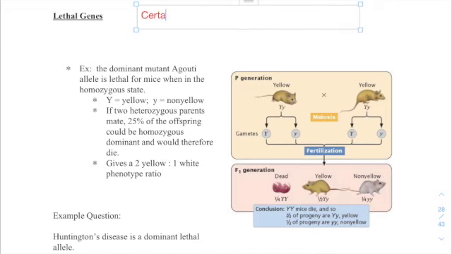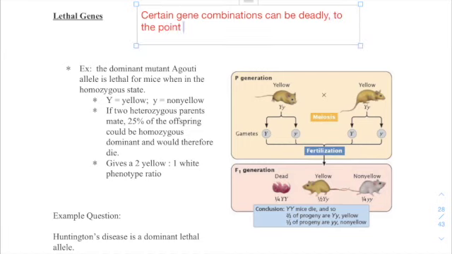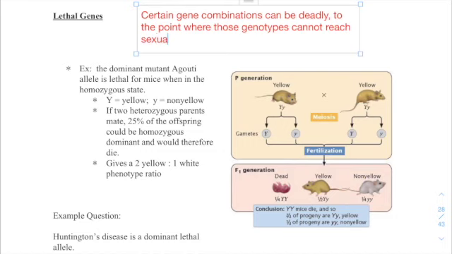So certain gene combinations can be deadly to the point where those genotypes cannot reach sexual maturity, removing them from the gene pool.